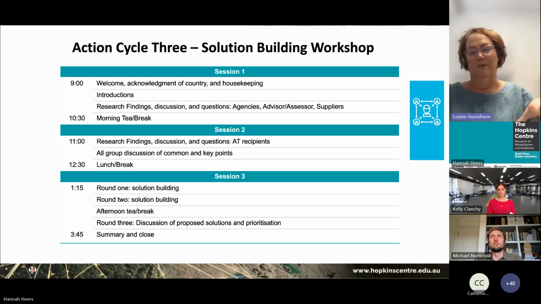So we went from 4 groups to 2 groups, and each group shared their solutions, their prioritization, and then kind of redid the list of what they thought was needed and what were the most important ones. And then at the end of the day, we came together as a larger group to discuss everything that had been generated and prioritize a final list.